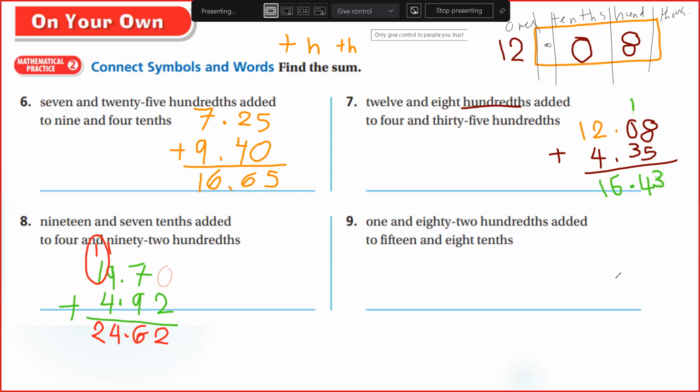So the answer will be 24 point what? And 62. Bravo.